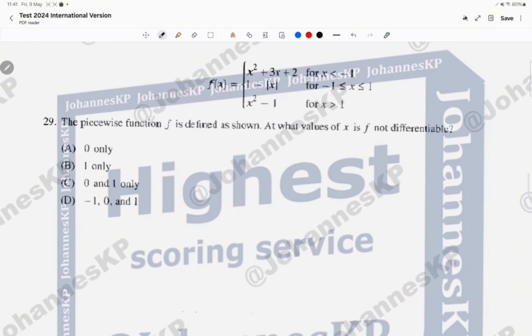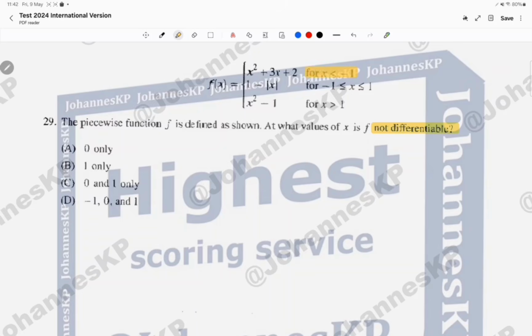Okay, question 29. Whenever they ask where is it not differentiable, you must first check the continuity. Check where it's not continuous first, because if it's not continuous, it's not differentiable either. So how do we check what's going on? Check with the endpoints.